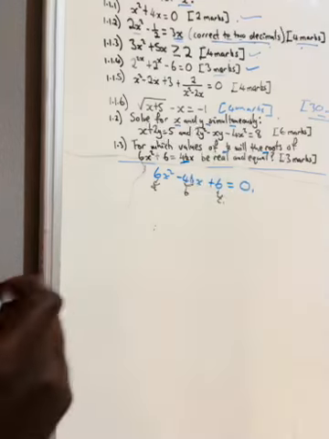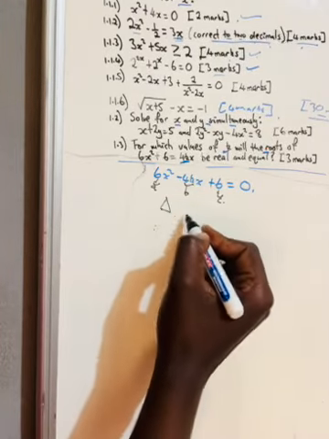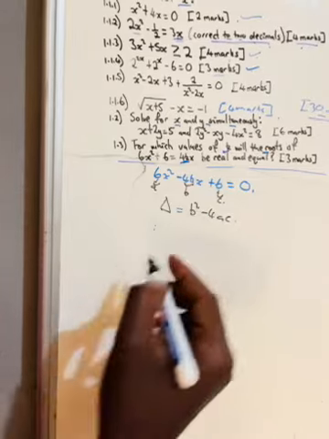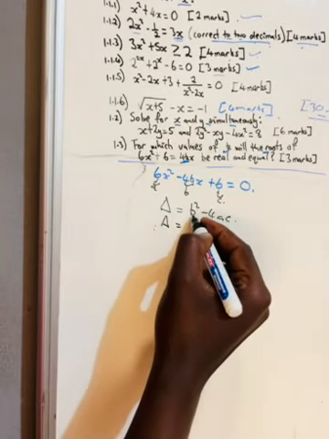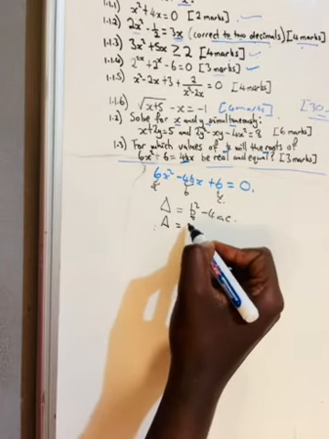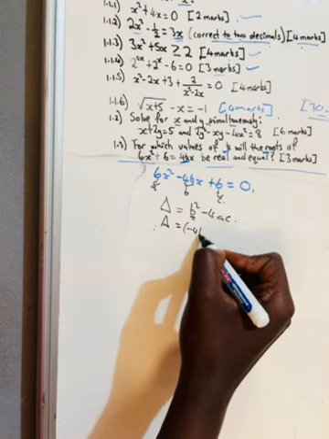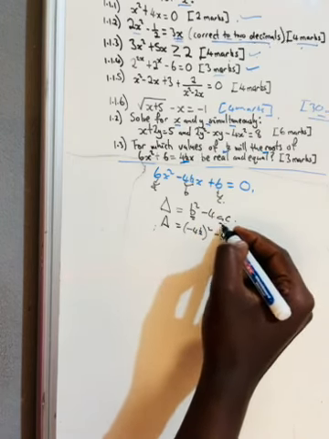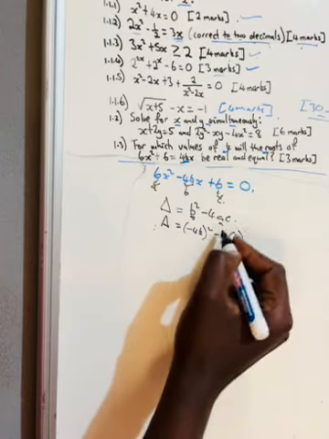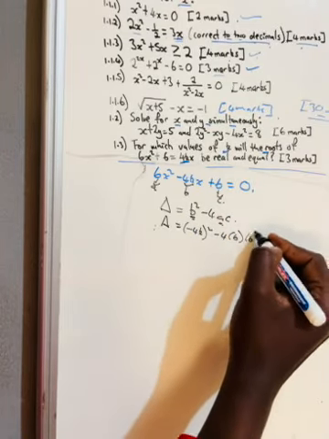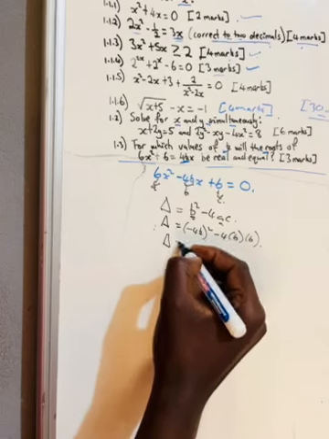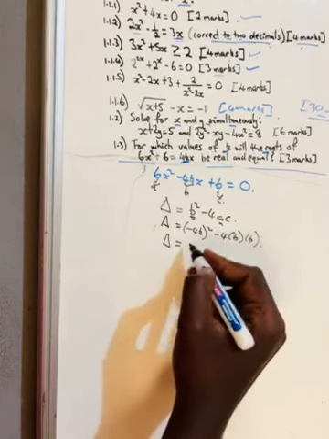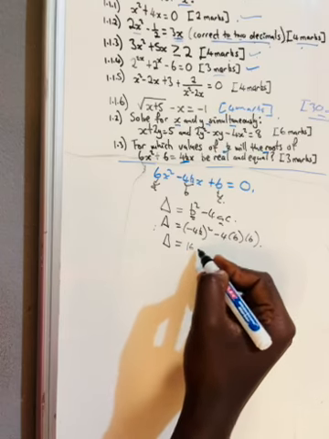So here we are going to be dealing with the discriminant. So we say discriminant is equal to b squared minus 4ac. So the discriminant is equal to (negative 4k) squared minus 4 multiplied by a, our a is 6 and our c is also 6. Now the discriminant is equal to 16k squared, since negative 4 squared gives us 16, and k squared.